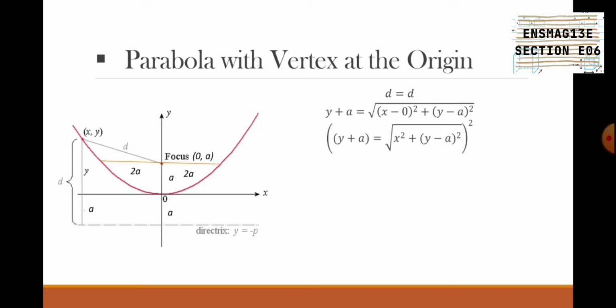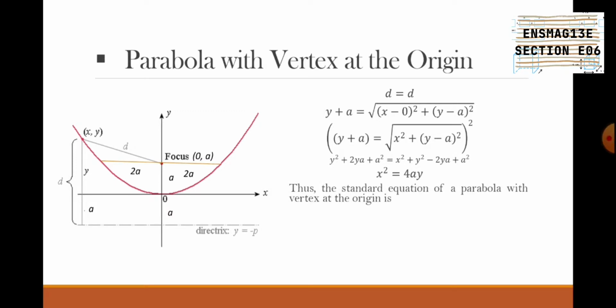Squaring both sides yields y squared plus 2ya plus a squared is equal to x squared plus y squared minus 2ya plus a squared. Simplifying our equation will give us x squared is equal to 4ay.